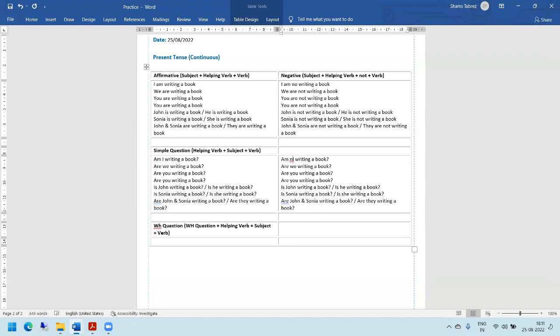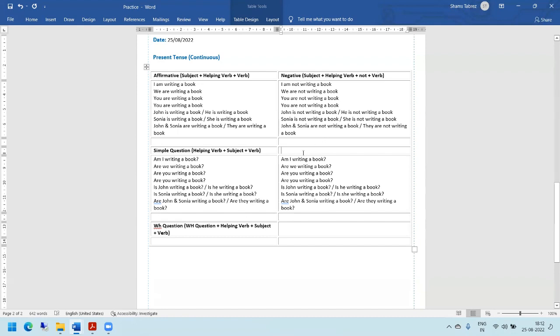So here, especially in this case, let me correct. I am not writing a book. So here, let me do some correction. What we need to understand is that this "not" should come before the verb.